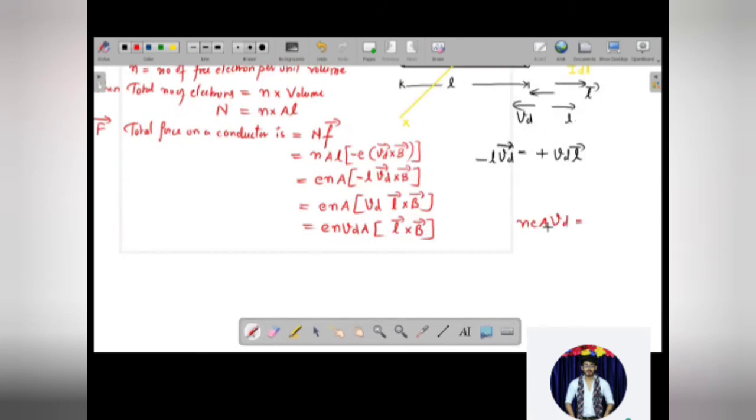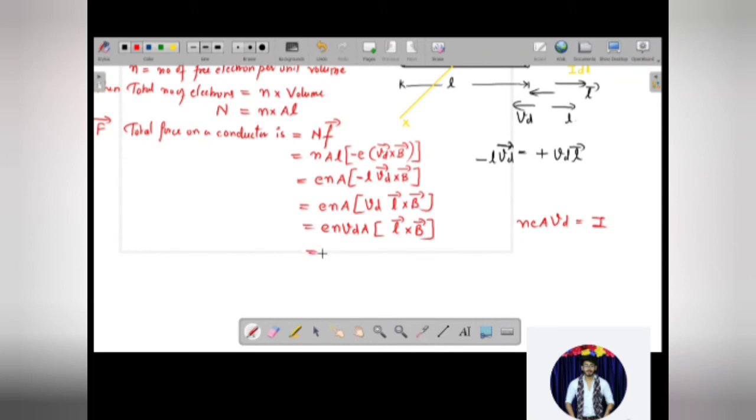If you remember the current electricity, NEAVD is nothing but the current generated by drifting electrons. When electrons drift, the current generated is I, which is equal to NEAVD, where N is the number of electrons per unit volume, E is the charge on an electron, A is the cross-sectional area, and VD is the drift velocity with which the electrons are moving. So I'll make the substitution here.